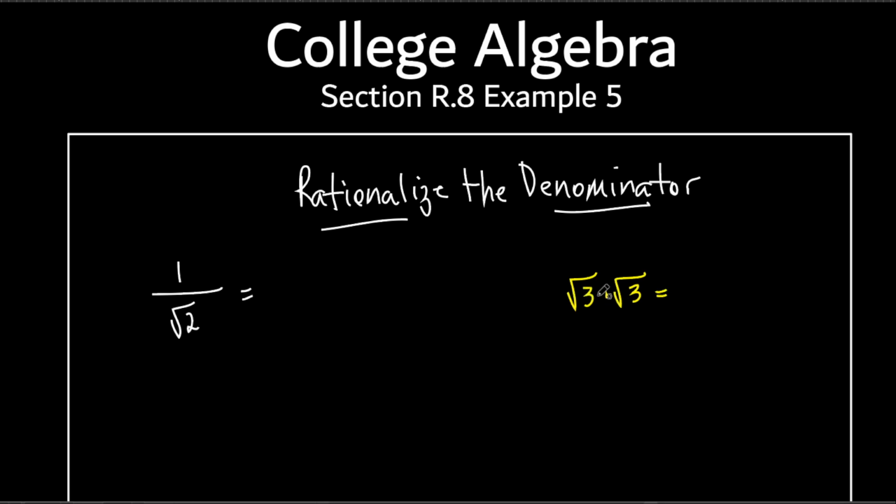So what is this? The square root of 3 times the square root of 3 is the same thing as the square root of 3 times 3. You could put both of those inside of the square root. We went over that in the last video. And let's see what we get here. We get the square root of 9. What's the square root of 9? It's a 3. So guess what we did? By multiplying this square root by itself, we actually got rid of the square root.